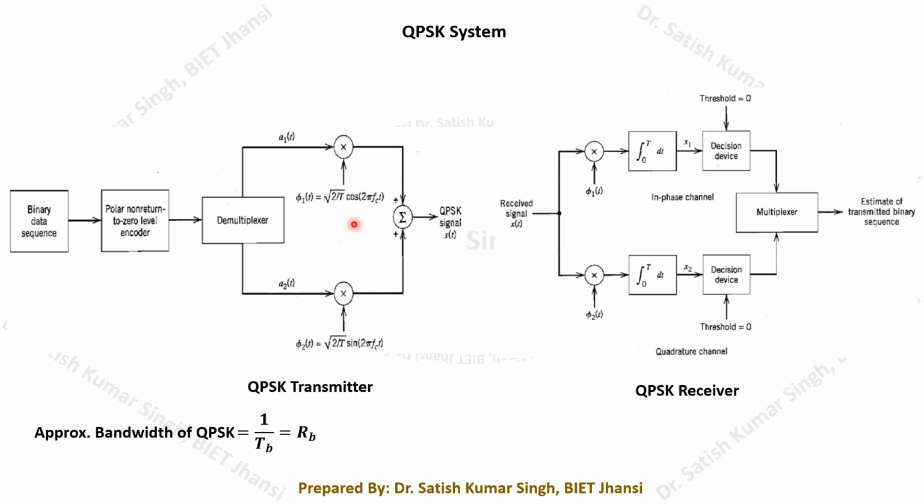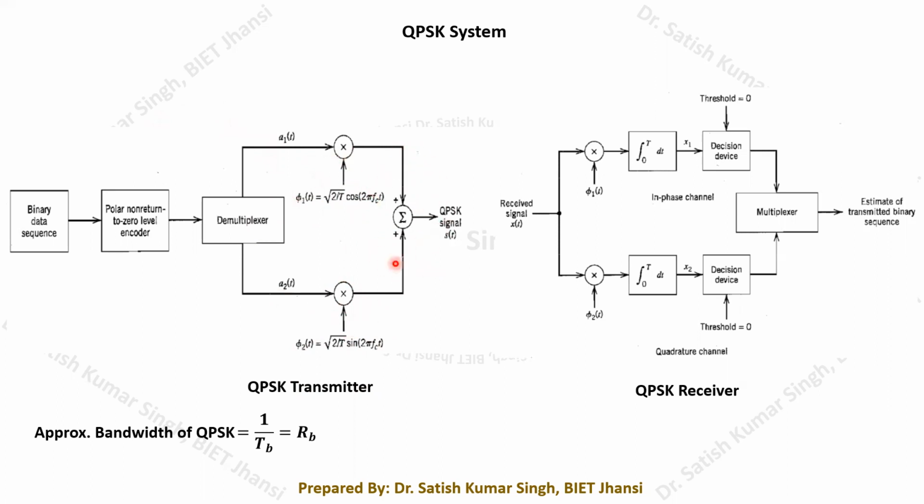Here we multiply the negative pulse, if it is 0, 1, with the first basis function, and the positive pulse with the second, and then these have to be added at this summer point.